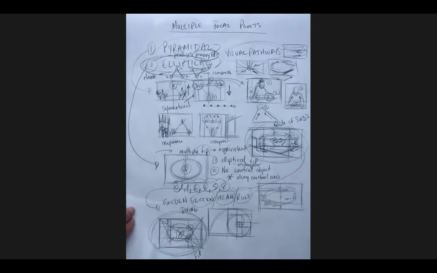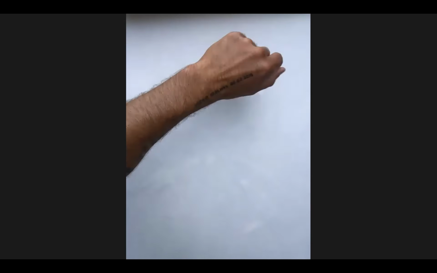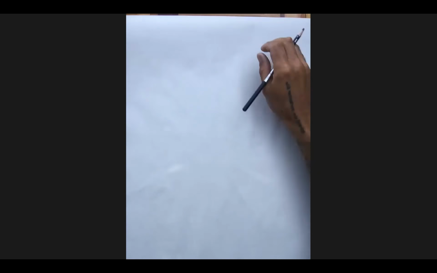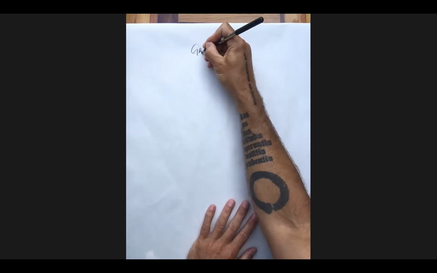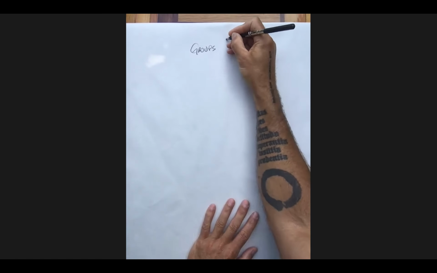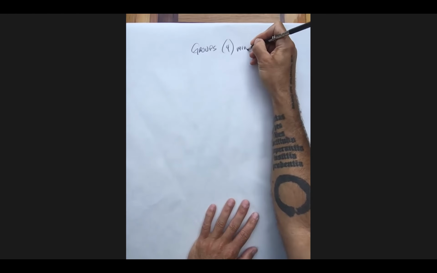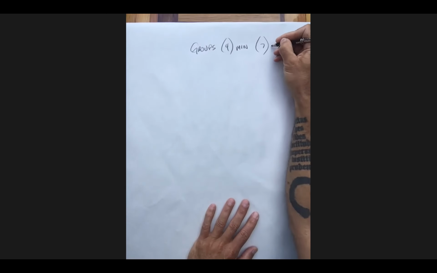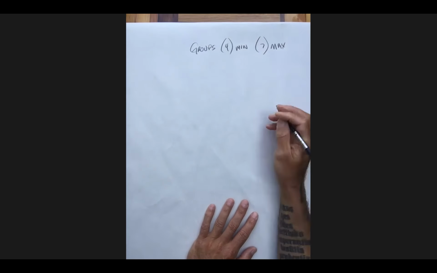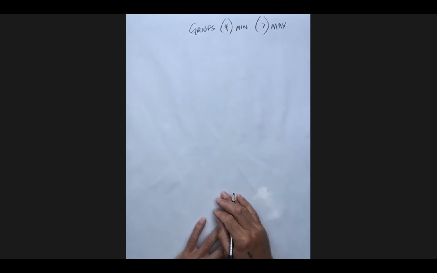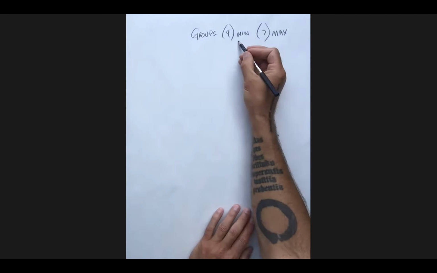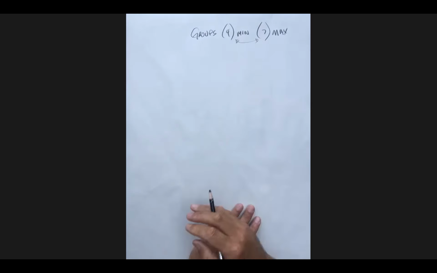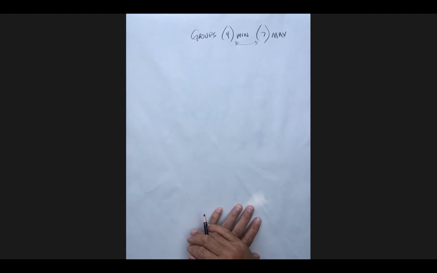Okay, your assignment then. You are, not surprisingly, now working in groups of 4 as a minimum. For a minimum, if the numbers don't work out, 7 maximum. Again, no, you can't do it by yourself. No, you cannot do it in any groups that aren't in between these 2 digits.